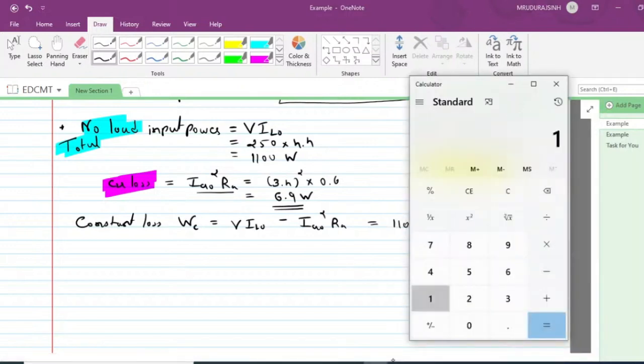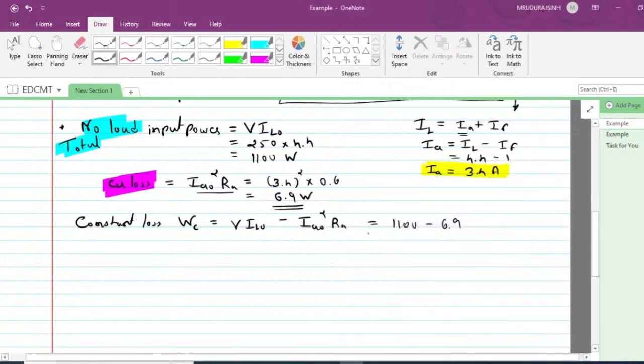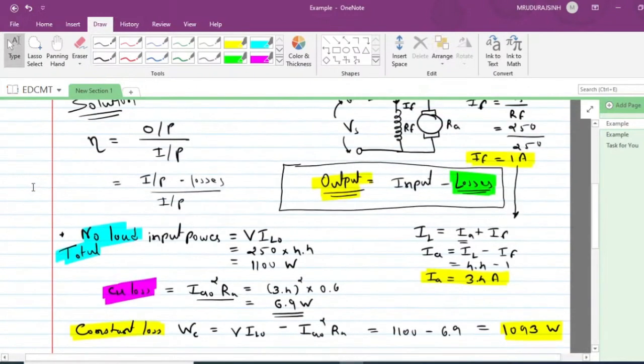So this is 1100 minus 6.9, that gives us 1093 watt, right? So 1093 watt is the constant loss. So the term we want to calculate, constant loss, is 1093 watt. This is the first condition we have got.